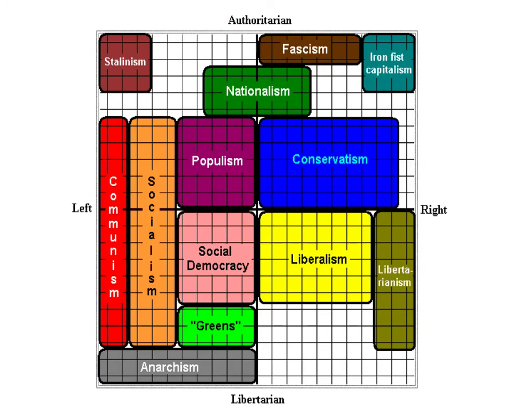To the left of them, you have communists who push for or believe in even greater economic equality, total economic equality, and they span a decent amount of the vertical spectrum for the same reason that the socialists do.